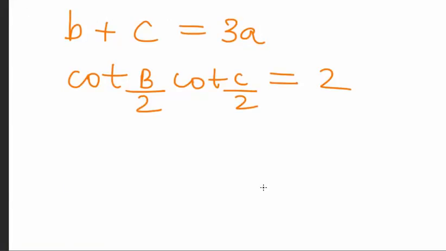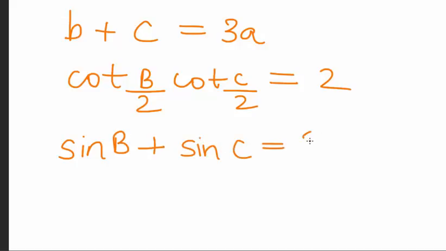Okay, so let's first apply the law of sines. So sine of b, and I'm not writing the constant because it's going to get cancelled. So sine of b plus sine of c is equal to 3 sine of a, right? Let's convert everything from the whole angle to the half angle, because in the final answer we are dealing with the half angle.